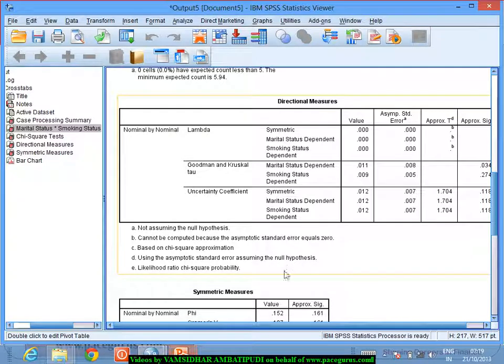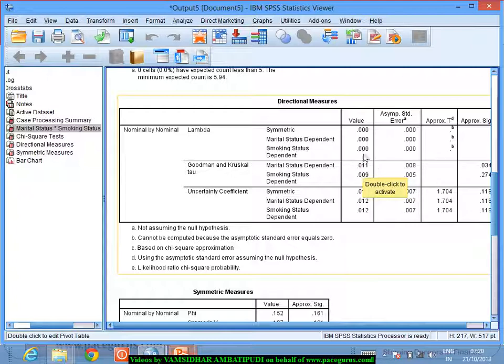And again the same, if that had existed, we could have even looked out for the directional measures, which typically say, if at all any of these values is much higher, I could very well say that by knowing that particular variable, let's say here the value is only 0.01, but if it had been more than 30%, 40%, then I could have easily said that based on the marital status, I can easily determine the smoking status.